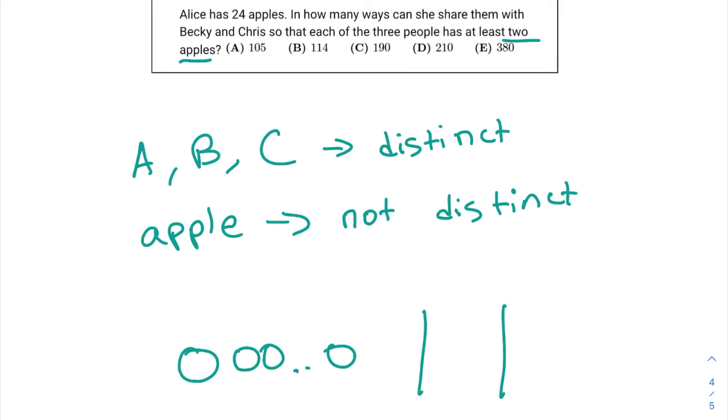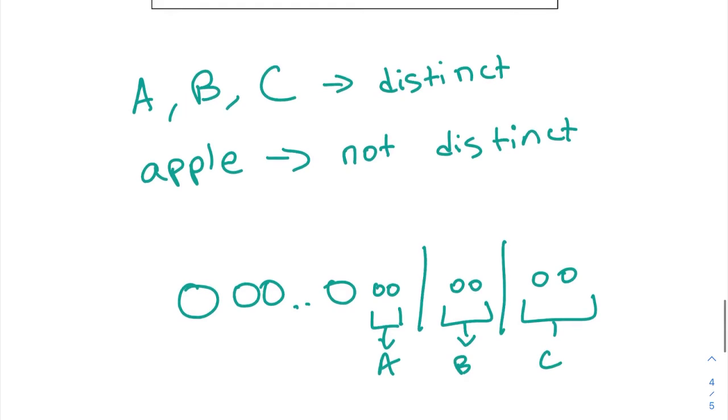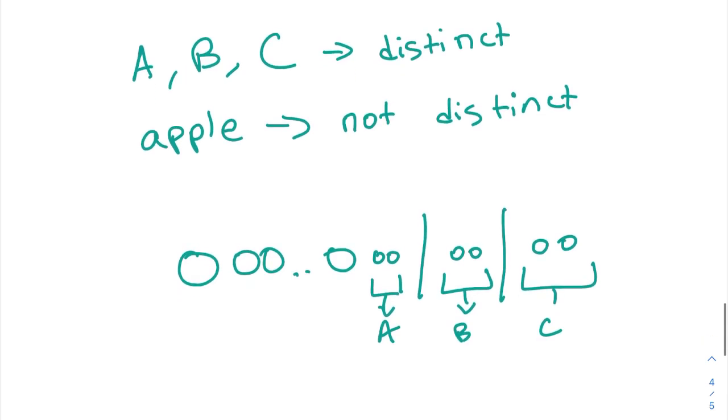So we know each side of the barrier, going to Alice, Becky, and Chris, has to have at least 2 apples to begin with. So let's just give Alice, Becky, and Chris 2 apples to begin with. So that means giving 6 apples in total. So from these apples, we'll minus 6. So we have 18 apples left.